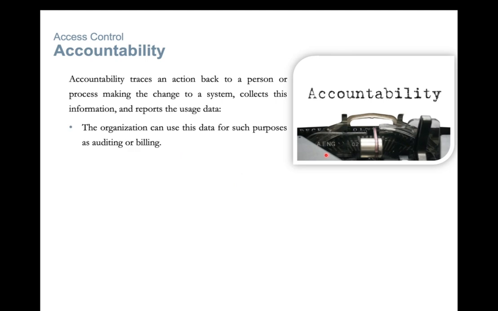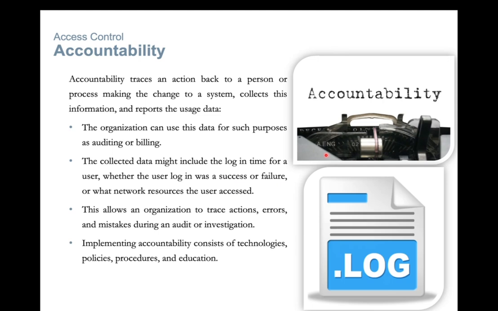Implementing accountability consists of technologies, policies, procedures, and education. The log files provide detailed information based on the parameters chosen. For example, an organization may look at the log for login failures and successes.